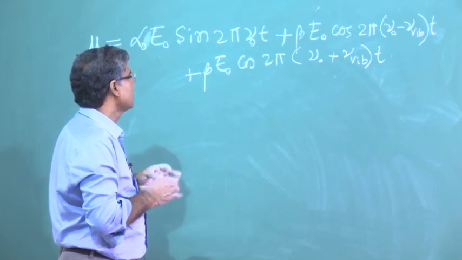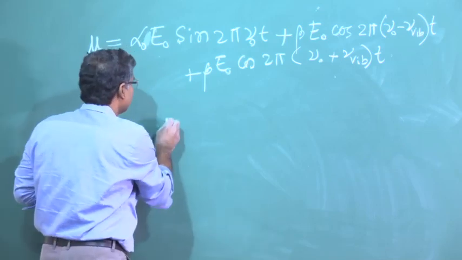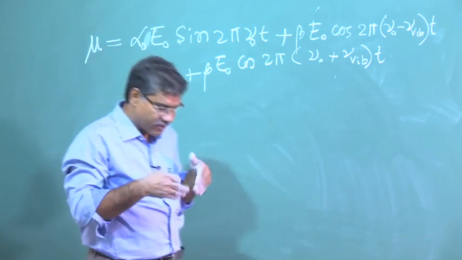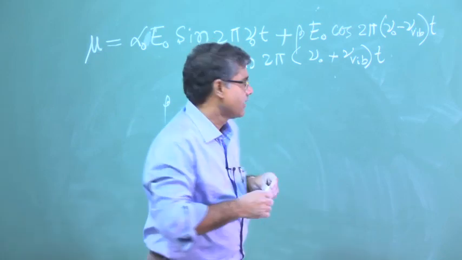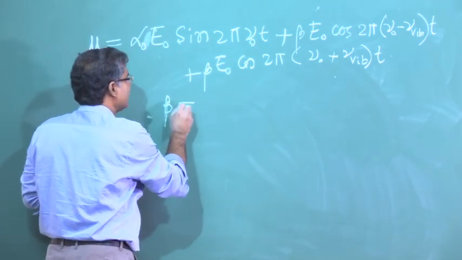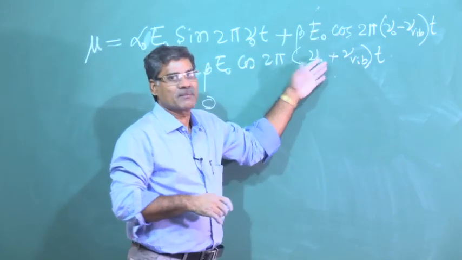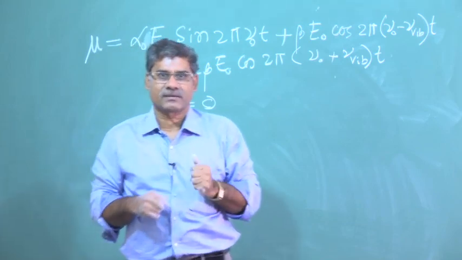Now, here one thing is important: beta, as I told, is the rate of change of polarizability. Now, if beta equals 0, then what will we get? These two terms will not be there, and there will not be any Raman effect.